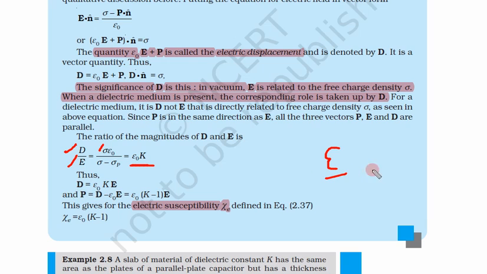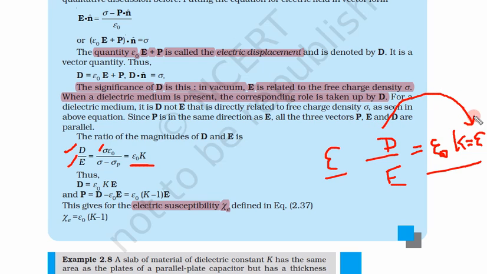So the ratio of D and E is epsilon naught K, which was epsilon. So the D is related to this material quantity, the dielectric constant.